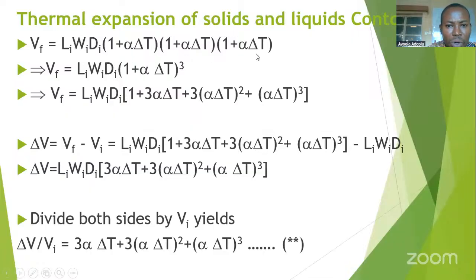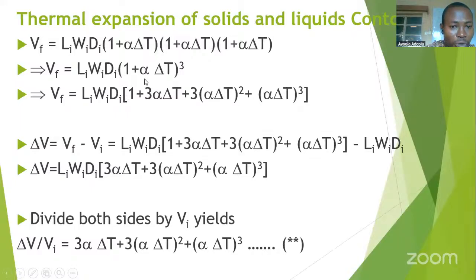So if you look at this, we have the same thing in 3 ways. So I can have Li, Wi, Di, bracket 1 plus alpha delta T, raised to power 3. So if I expand the term inside the bracket, I will have 1 plus 3 alpha delta T plus 3 alpha delta T squared plus alpha delta T raised to power 3.